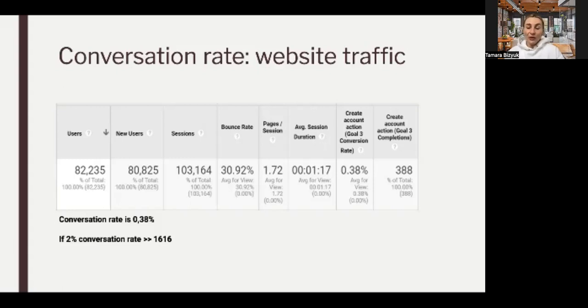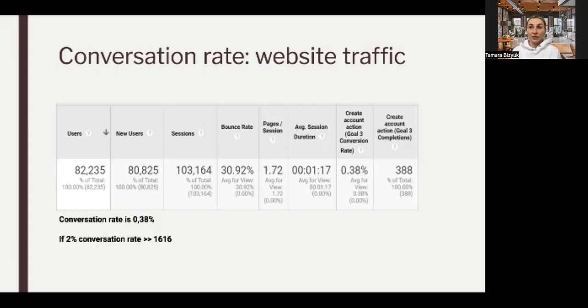So you go to your Google Analytics, you have the section with the conversion rate. It shows whether your main goals or events have been reached, and then you see the number. And if the number is below 2%, it's bad. It's very bad. It means the website is not performing well. It doesn't get the right response from the audience.